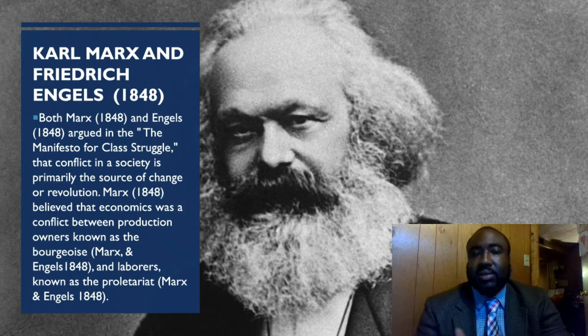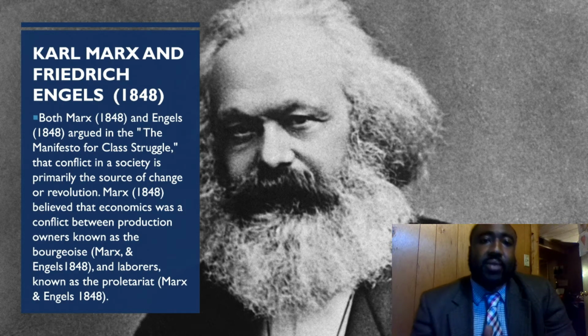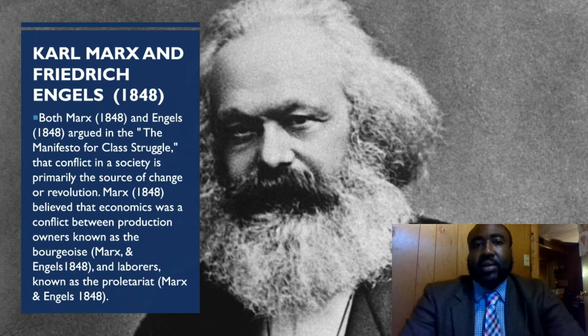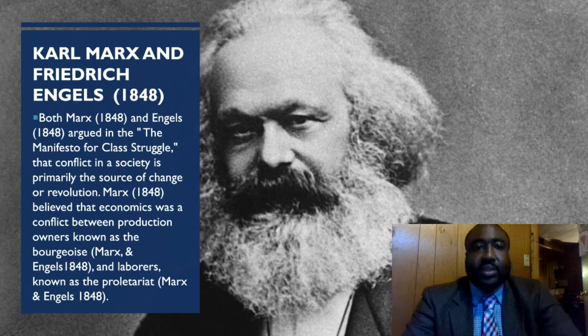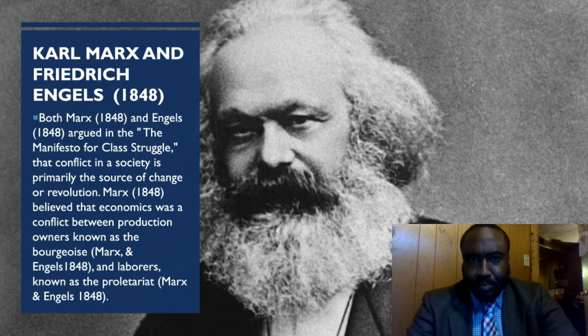Now, Karl Marx, along with Friedrich Engels, argued in a theory that we learned in social theory this term called the Manifesto of Class Struggle. They argued that there is a strong distinction between the bourgeoisie and the proletarians in terms of mass producing and economic structure.